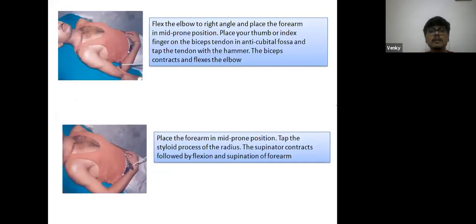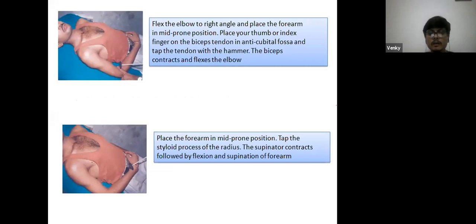So this is the method of doing it. Flex the elbow to a right angle and place the forearm in the mid-prone position. Place your thumb or index finger over the biceps tendon and tap. You see the muscle contract and flex the elbow. You have to look at the muscle, not the action produced by the muscle.